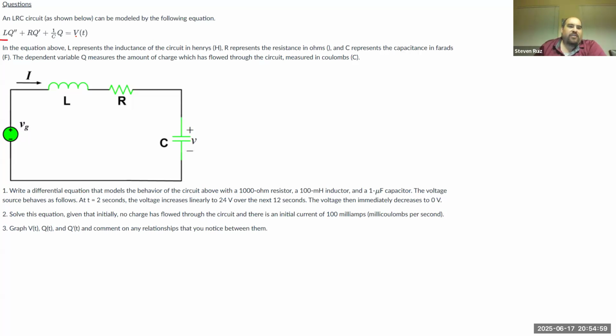So let's write the equation first in our time domain form. What are our component values? L is our inductor, so that's 100 millihenries, so 0.1 Q double prime.